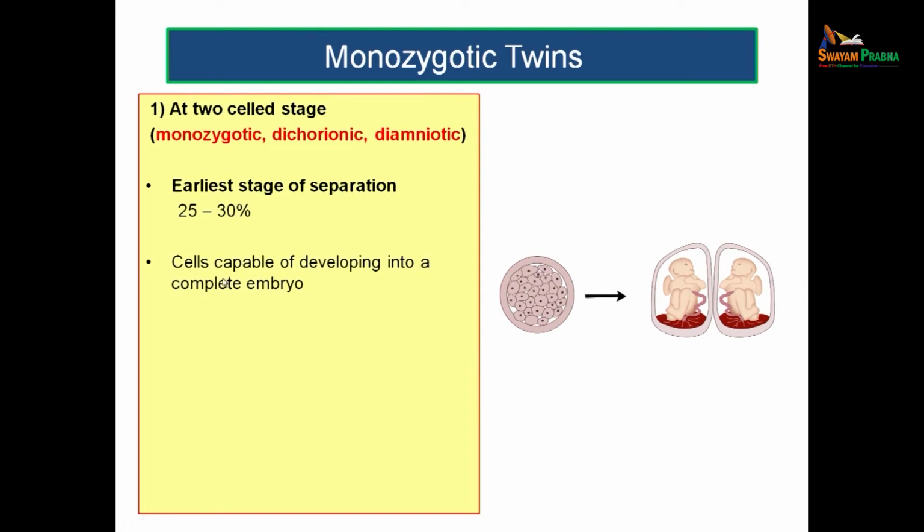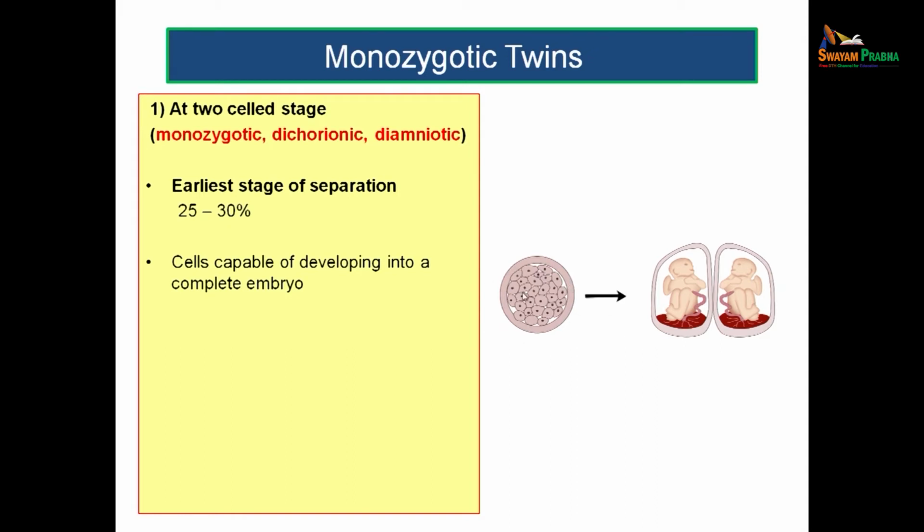In this condition, the cells are capable of developing into a complete embryo. Suppose you imagine this is a cluster of cells which has not yet differentiated. That means it is in the earliest stage of separation. So, if you just cut it into two, both groups of cells are capable of developing into a complete embryo.